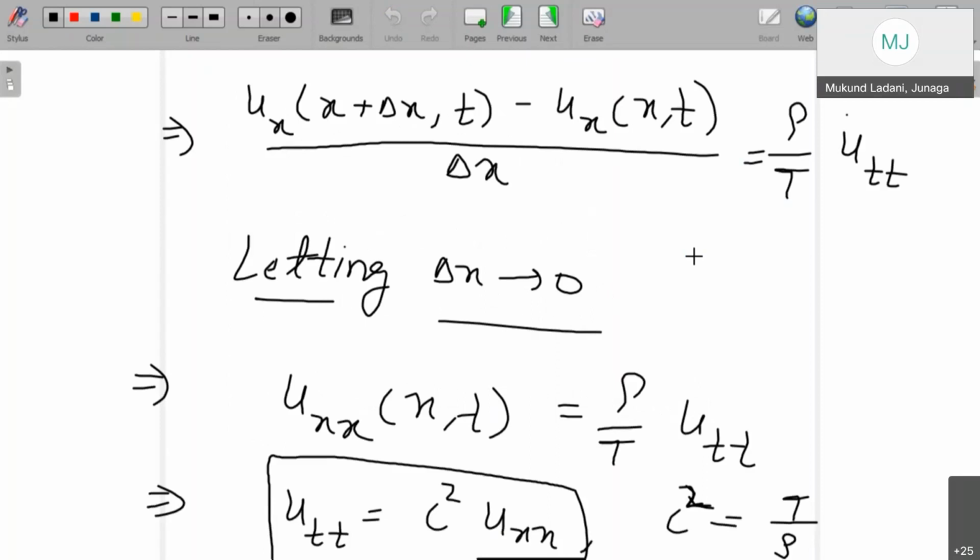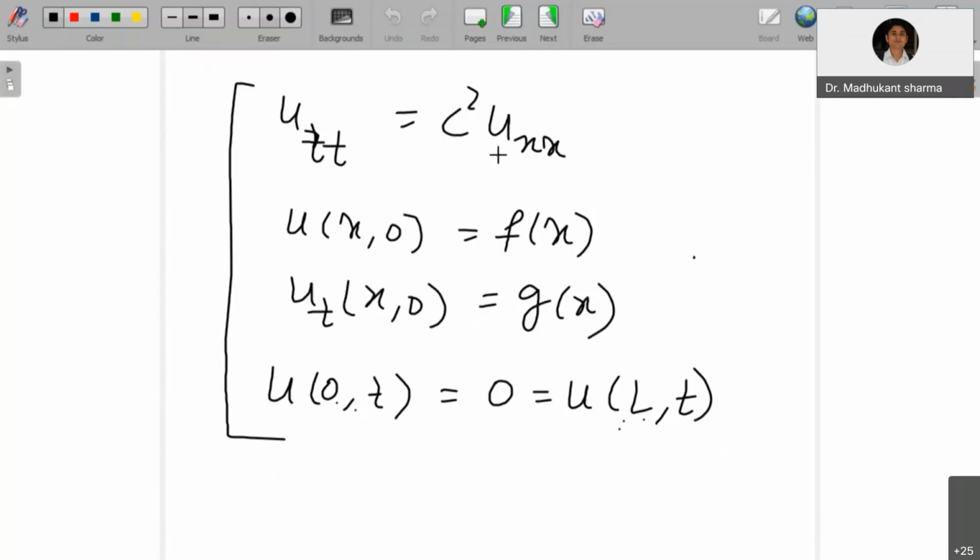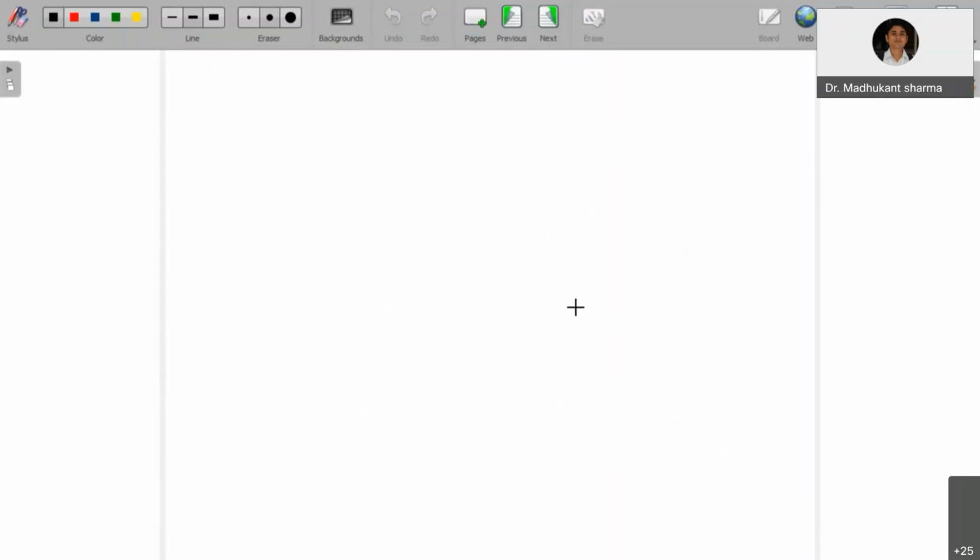So what is the fundamental definition of a first derivative? Let's take partial derivatives. If you recall those classes, I think you will be able to get it. Let's take the partial derivative of u of x comma t.